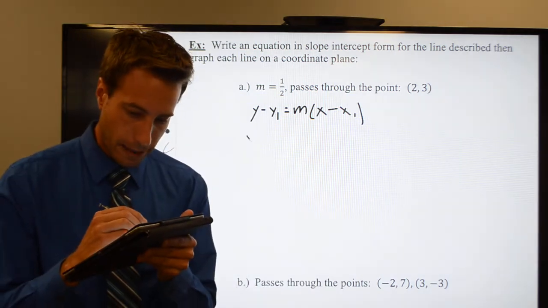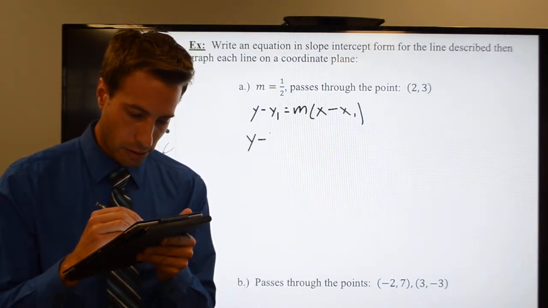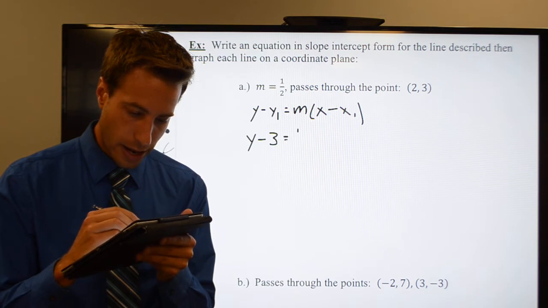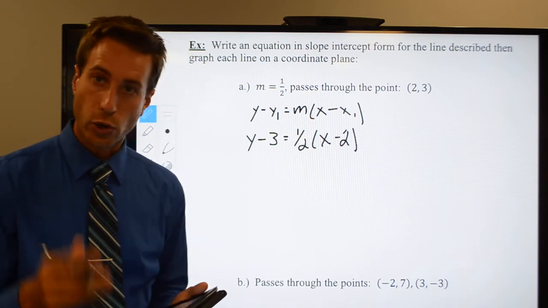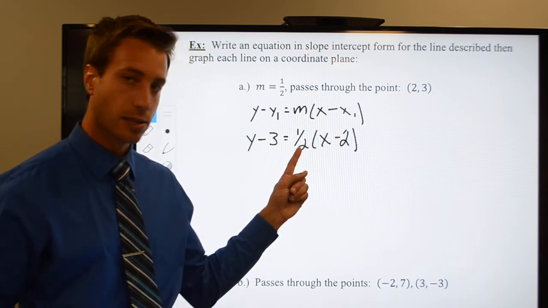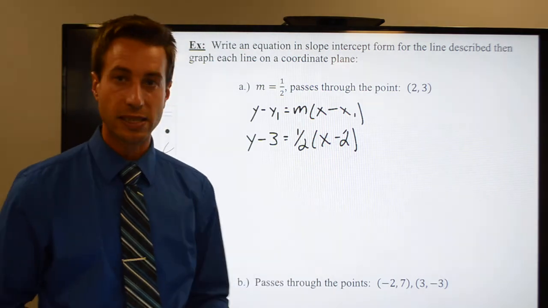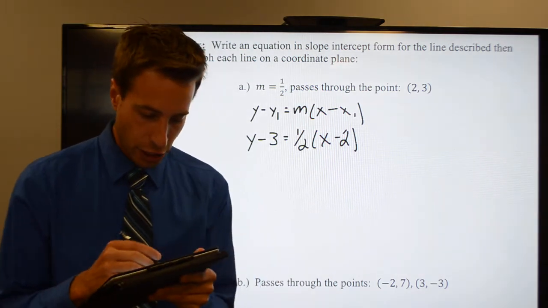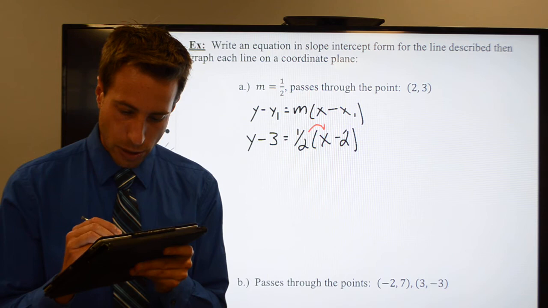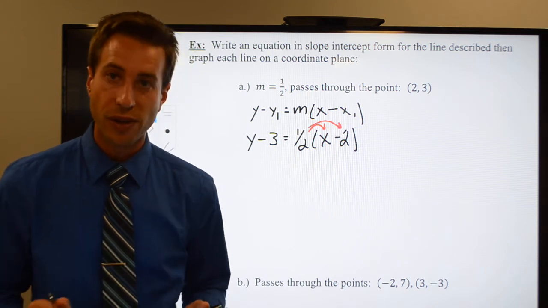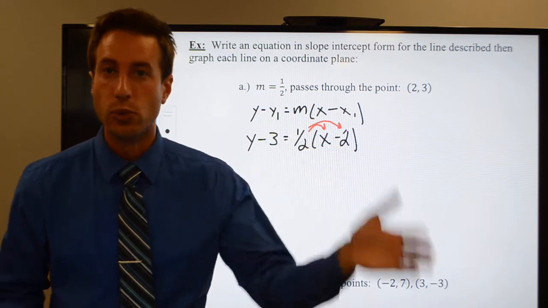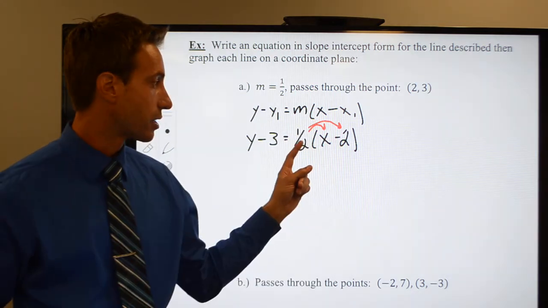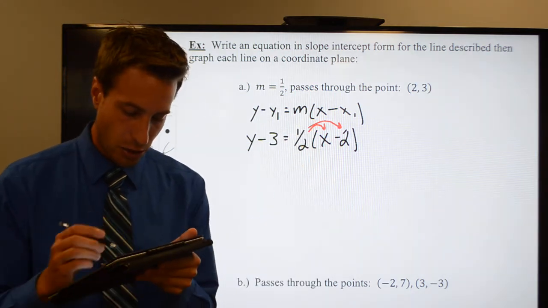Here we go, y minus 3 is equal to 1/2 times (x minus 2). One quick thing to point out here, you have a constant multiplied in front of a grouping symbol. That's right. You need to remember to distribute that 1/2 through the parentheses. Every time you use this equation, you will need to distribute this coefficient in front. Here we go, let's do that.